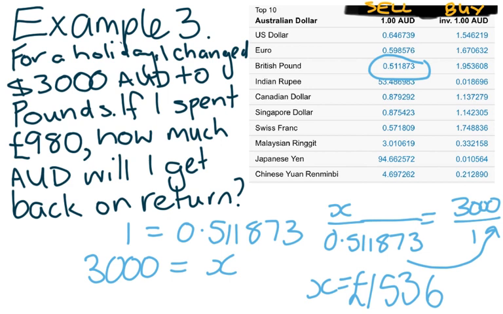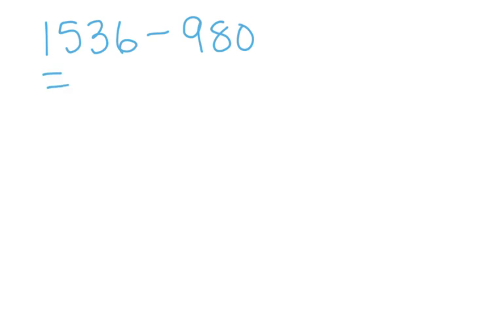Okay, so we left the country with 1,536 pounds. We've spent 980 pounds. So what we need to then do is work out 1,536 take away 980, which gives us 556 pounds that we're coming home with.